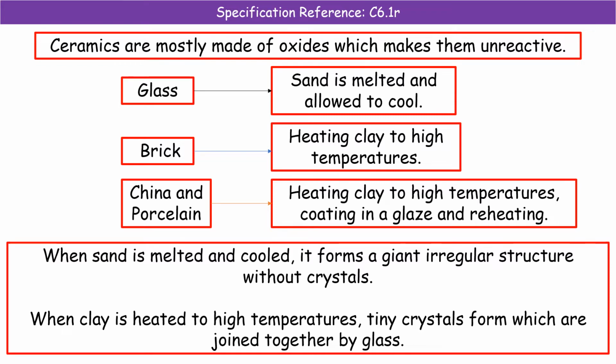If we compare that to sand, which is all about the crystals, we've completely changed the way those atoms are held together, so we get completely different properties between the sand and the glass. When we heat clay up to high temperatures, we're creating tiny crystals, and they're joined together by tiny bits of glass that hold it into that structure.